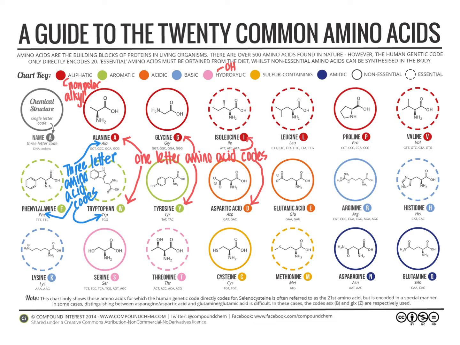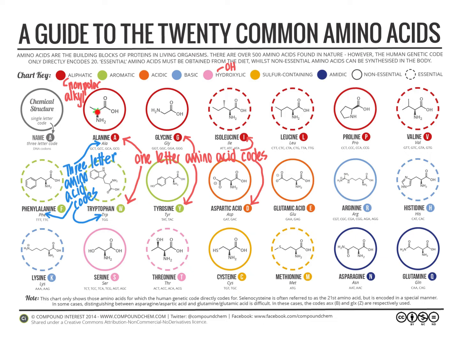So aliphatic amino acids include all the ones circled in red. So alanine, for example, is an aliphatic amino acid because when we look for the alpha carbon, that is the carbon adjacent to the carbonyl, that would be the carbon right here that I've put a green star on.